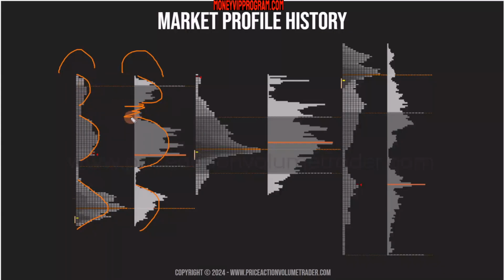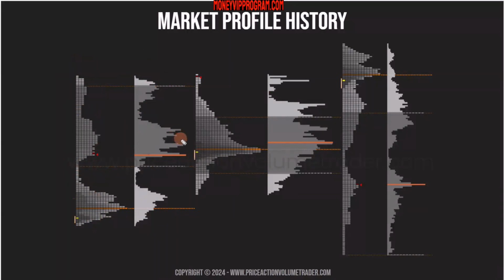Here you have your low volume node areas, and here again your low interest areas. This is a special thing called singles, which we're going to talk about later, where we have just a single row of letters or blocks.